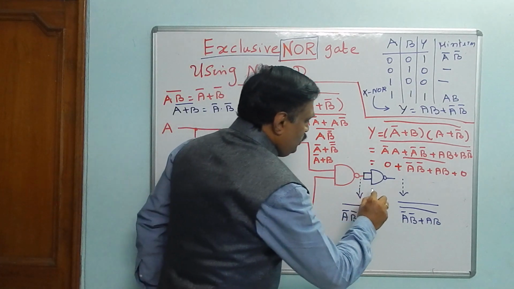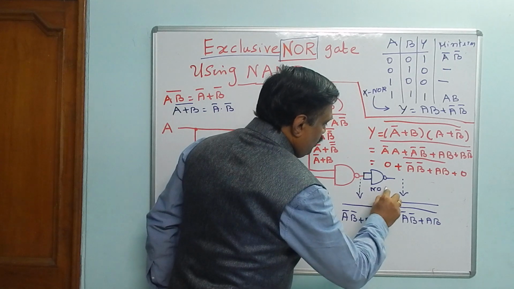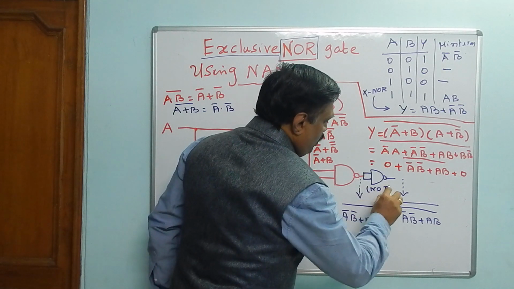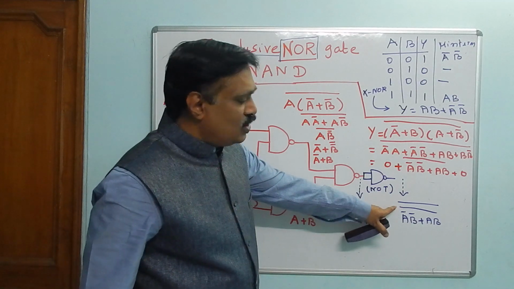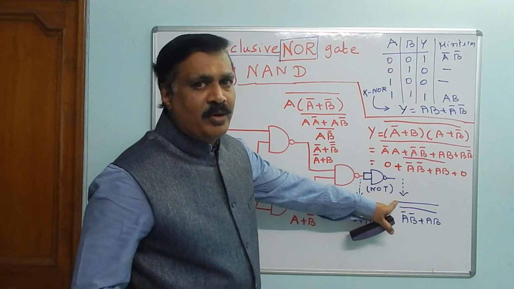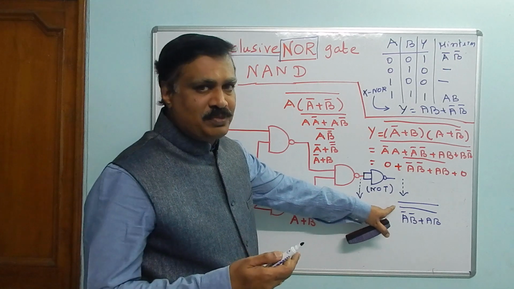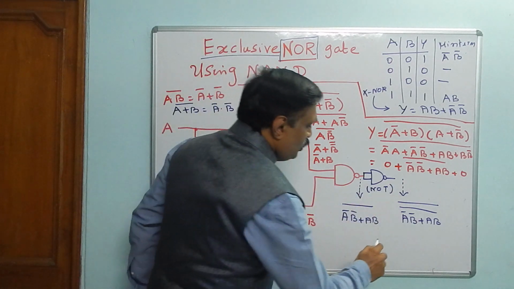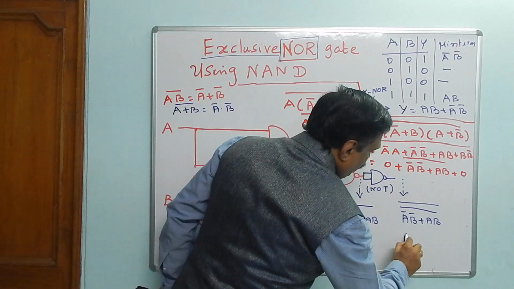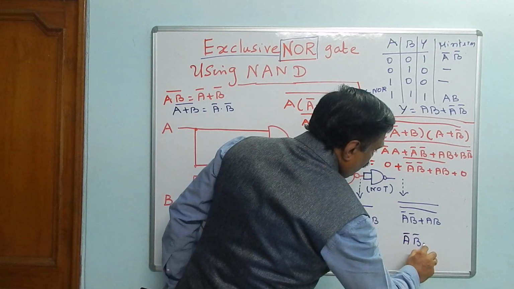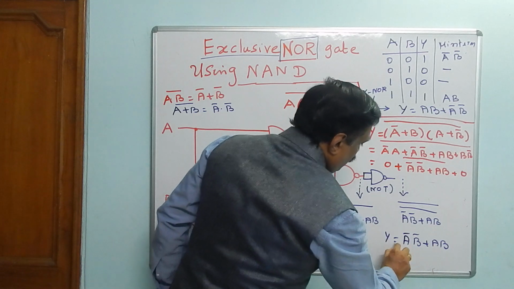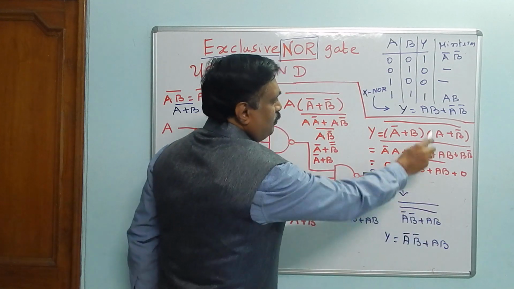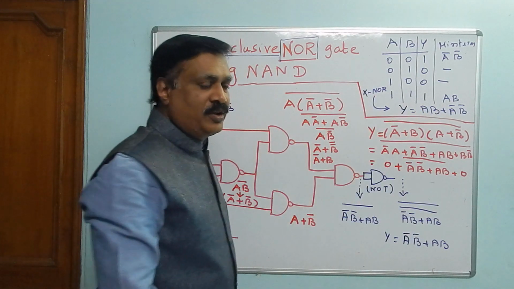Now two complements are removed. Bar bar, that means minus into minus is plus. Therefore this is removed. Therefore you are getting A bar B bar plus AB. That means this expression you are getting.